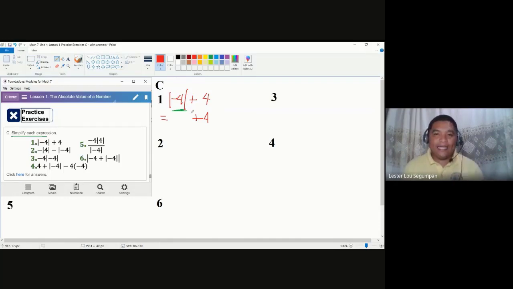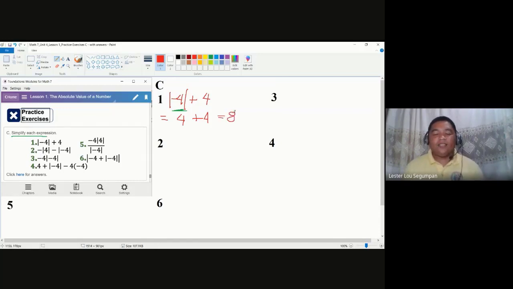Take note, again, when we talk about absolute value notations, we take the positive value of the real number placed inside the notation. So the real number is negative 4. The positive for it is positive 4. And then again, we simply copy the items without absolute value notations, and then we add 4 plus 4 is equal to 8. As simple as that.